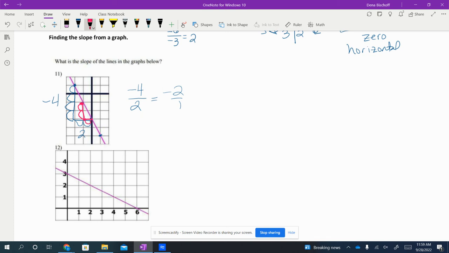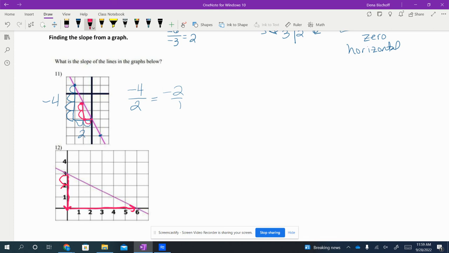Looking at that line, do you think that this is going to have positive or negative slope? Positive? Negative, yeah. It goes down as I look at it. So I know it's going to have negative slope. That means that my rise has to go down because we always run to the right.